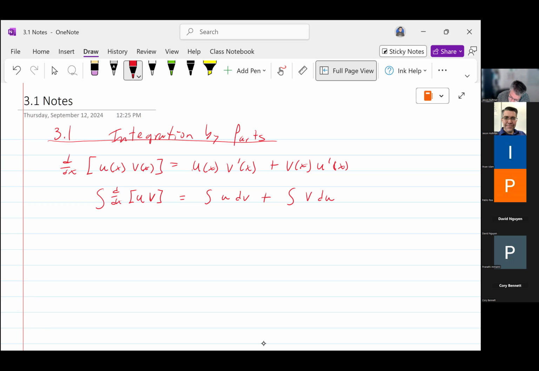Okay, this gives us, all I'm doing is integrating each piece of the line above. This gives us uv is equal to the integral of u dv plus the integral of v du.